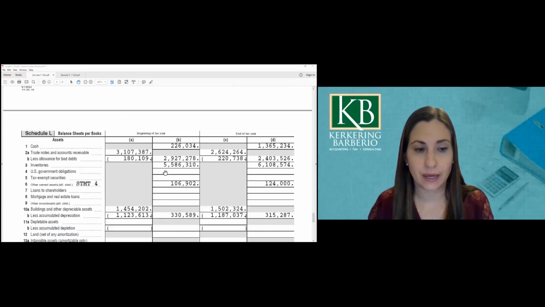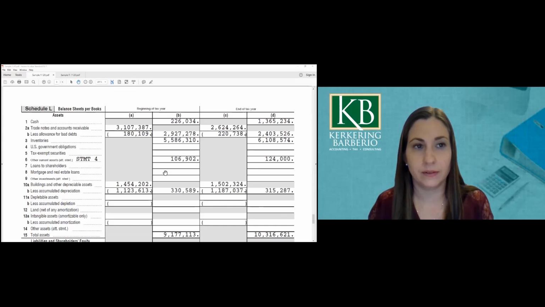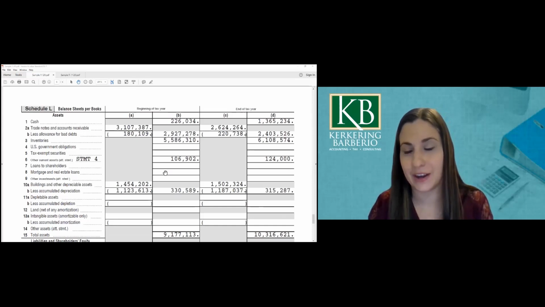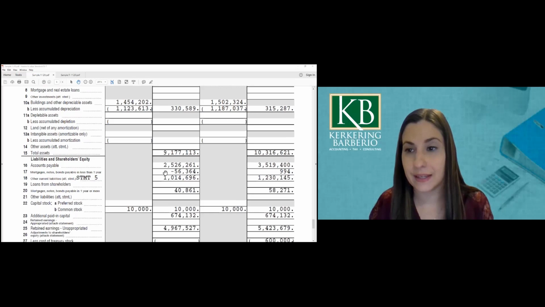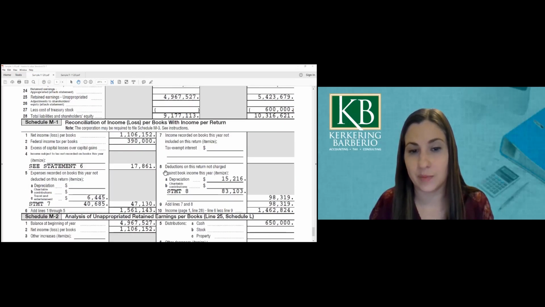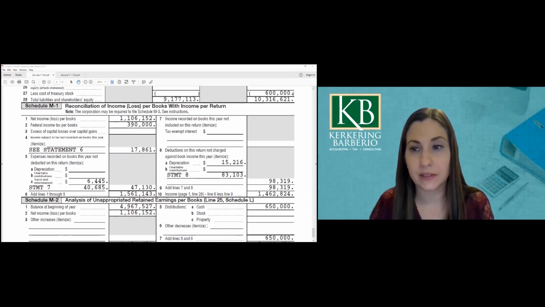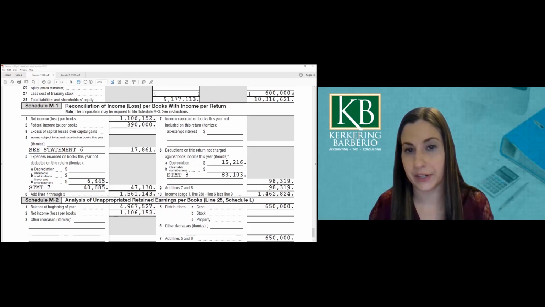And then as we come to our last page, we have our Schedule L, just like on the other pass-through entity return, which is our balance sheet and has our assets and equity and liabilities, and our reconciliation of income or loss per books and taxable income on the return.